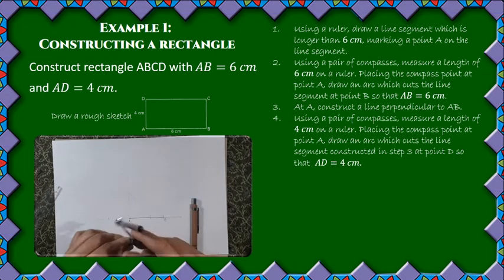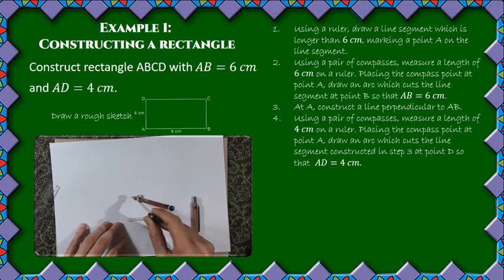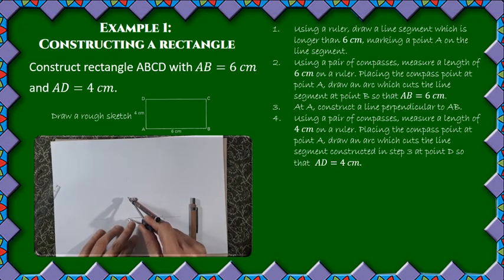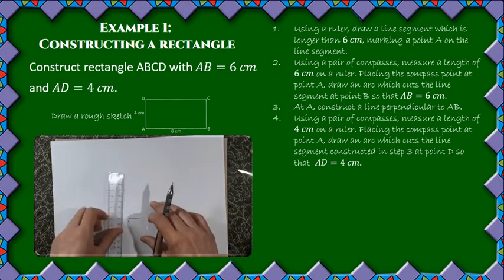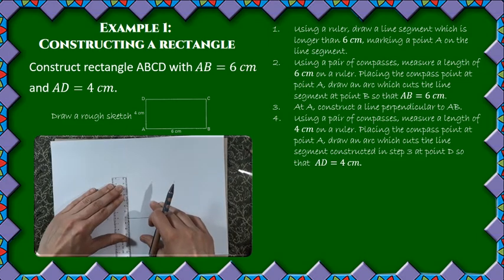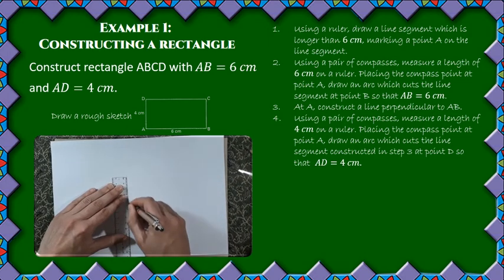And placing the compass point at point A, draw an arc which cuts the line segment that we constructed in the previous step at point D so that AD will be equal to 4 centimeters.